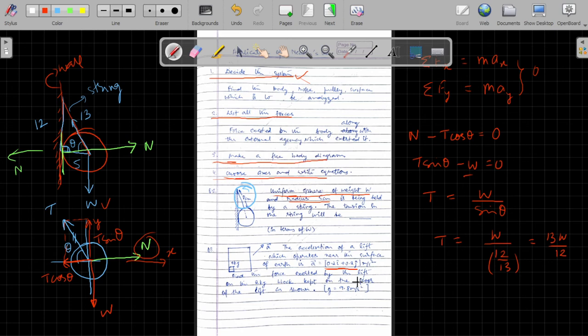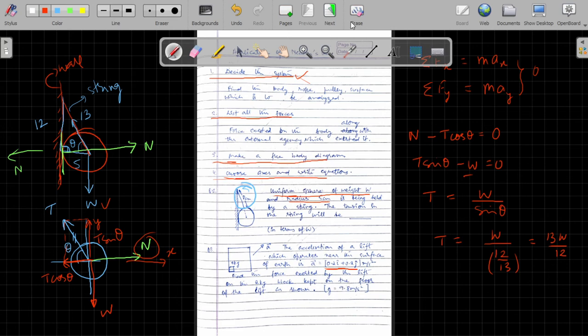Find the force exerted by the lift on the 2 kg block kept on the floor of the lift as shown. So there is a lift which is accelerating in a two-dimensional way, and we have to find what is the force exerted by the lift on the 2 kg block.